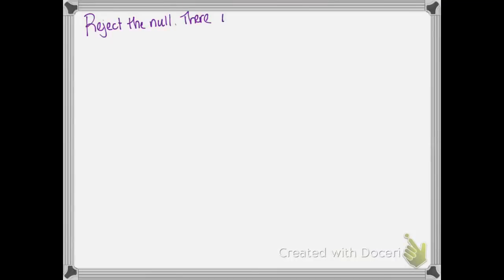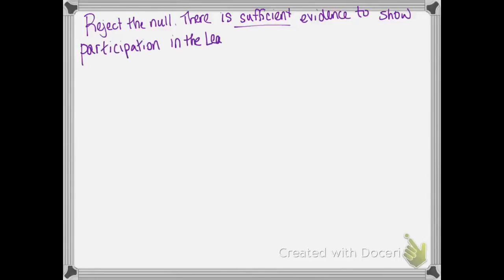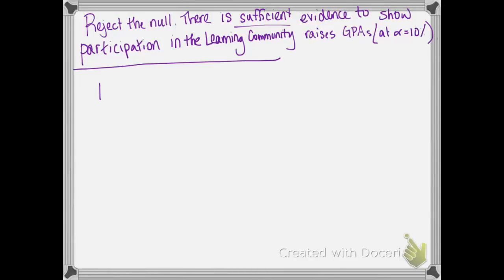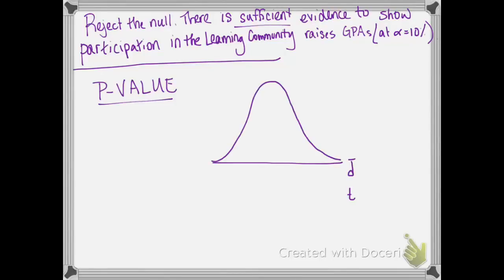There is sufficient evidence to show that there is an increase in GPAs at the 10% significance level. In other words, participation in learning communities does raise the GPA, and there's significant evidence to show that. So we've answered the question, but we're going to look at the p-value as well.